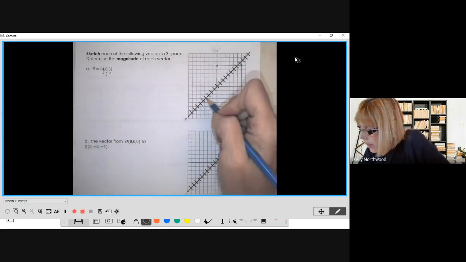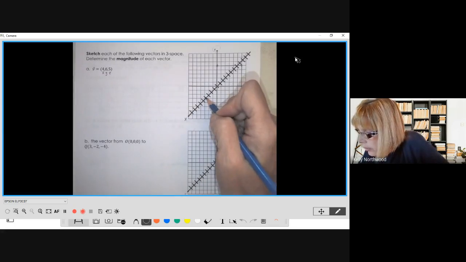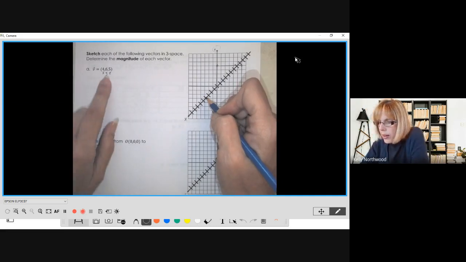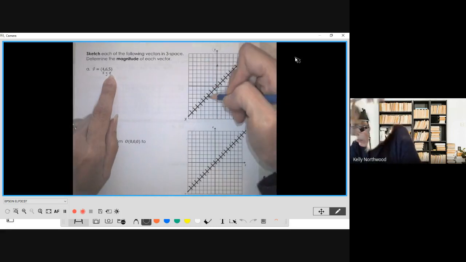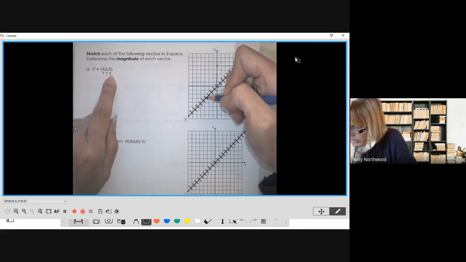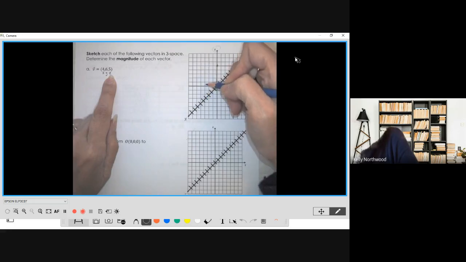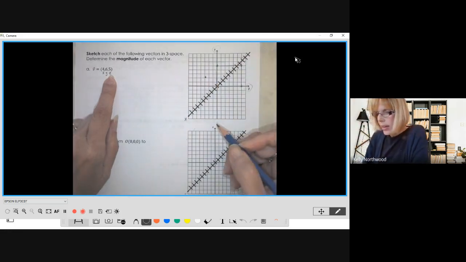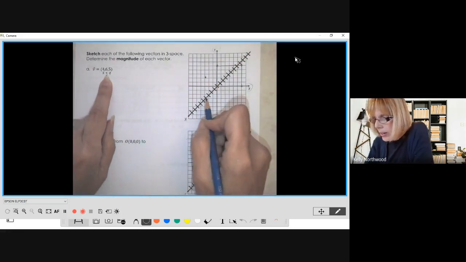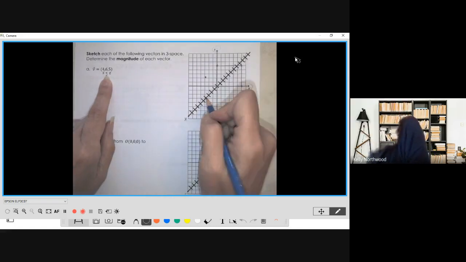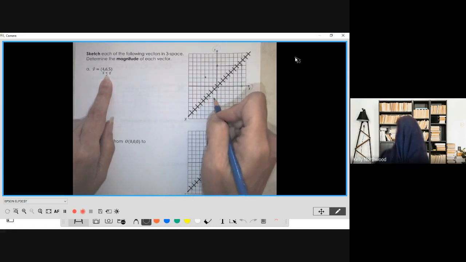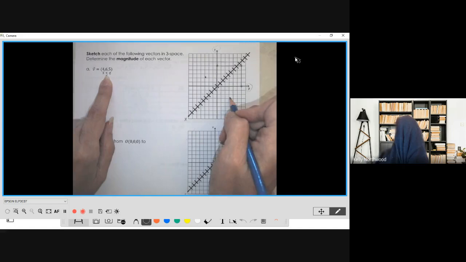This is going to be a corner of the front of my box. I want to then go up, because Z is up and down, and we have a positive Z, so up 5 from here. This looks like it's just in the corner of this box here. So up 1, 2, 3, 4, 5 puts me just in that corner. And then I want to go from here, 6 in the positive Y direction. So right 6, 1, 2, 3, 4, 5, 6.